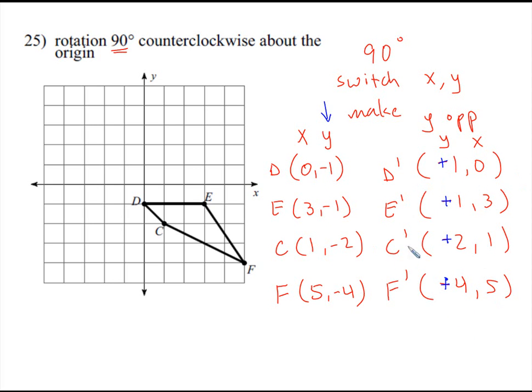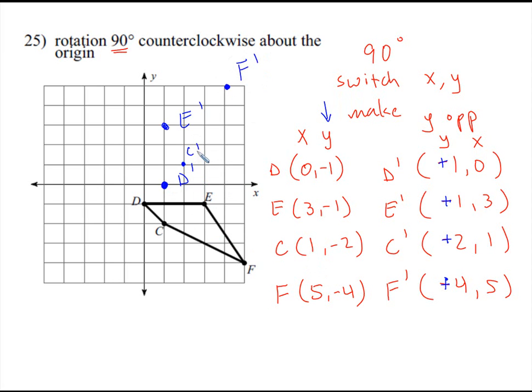Then I'm just going to plot these coordinates. So 1, 0 is right here, D prime. Then I've got 1, 3. 1, 3 is right here. That's E prime. 2, 1 is right here, C prime. And then 4, 5, so 1, 2, 3, 4, 5 is up here. It's F prime.